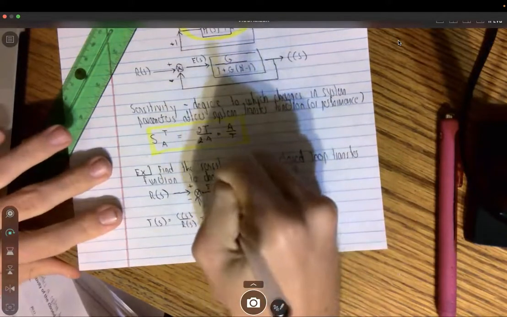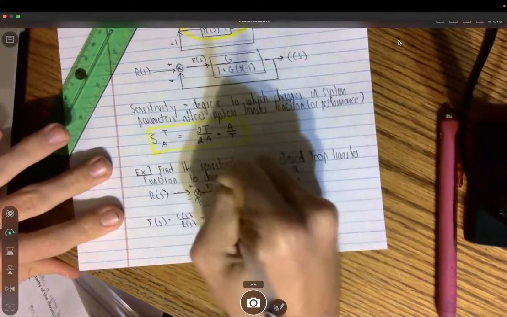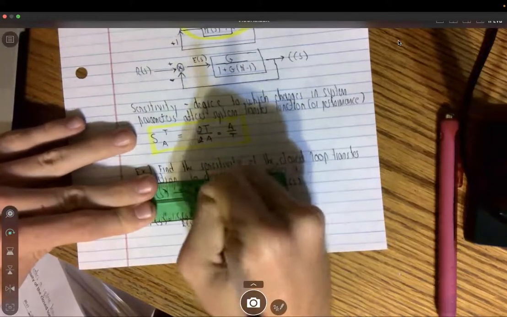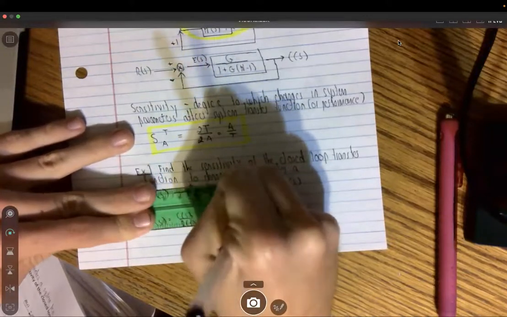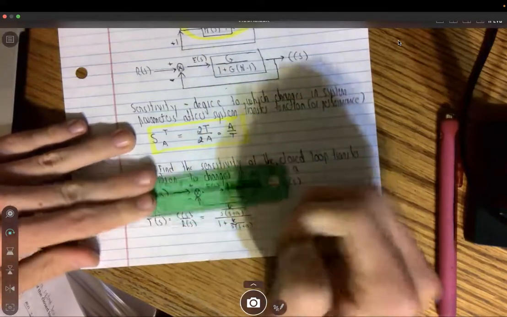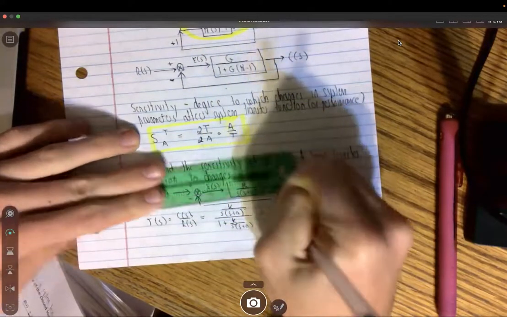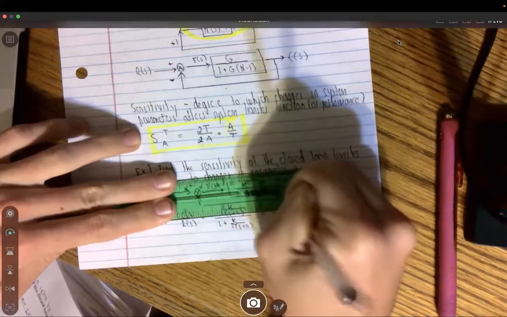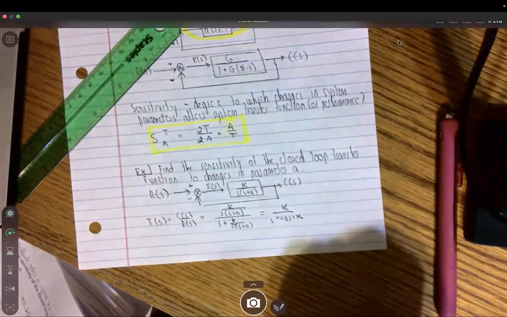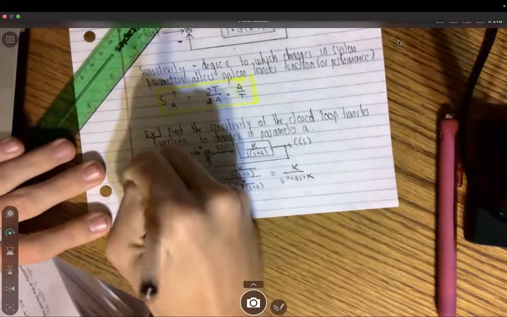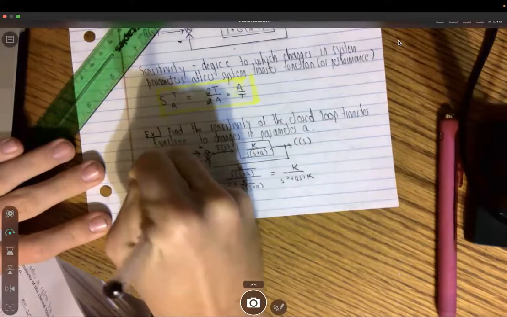So that's why we're going to get K over S times S plus A all over 1 plus K over S times S plus A, which is going to be equal to K over S squared plus AS plus K.